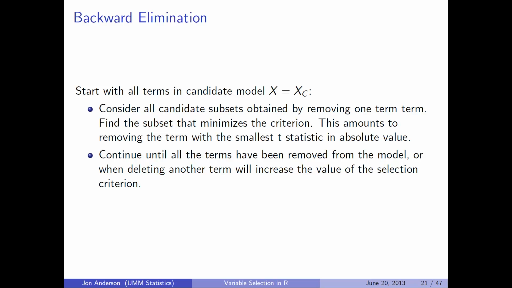And what we'll do, of course, is get rid of the predictor that has the biggest p-value, the one that seems to be the least correlated with our response. So the smallest t-statistic in absolute value. Let's get rid of that predictor. And then let's look at what's left and then get rid of the next smallest absolute value t-statistic. And let's keep getting rid of insignificant terms until we're left with only terms that are significant. That's backward elimination.